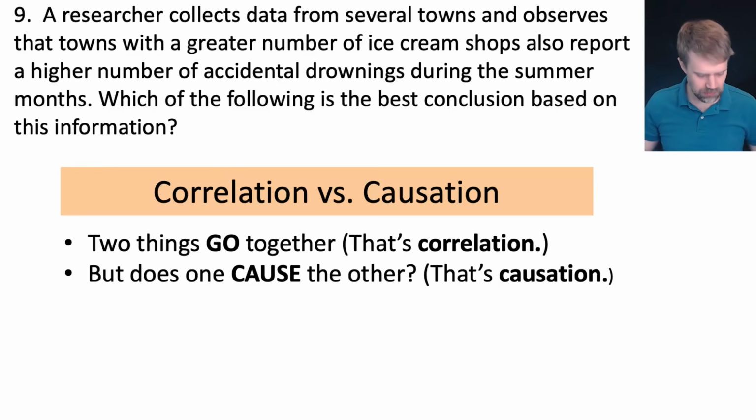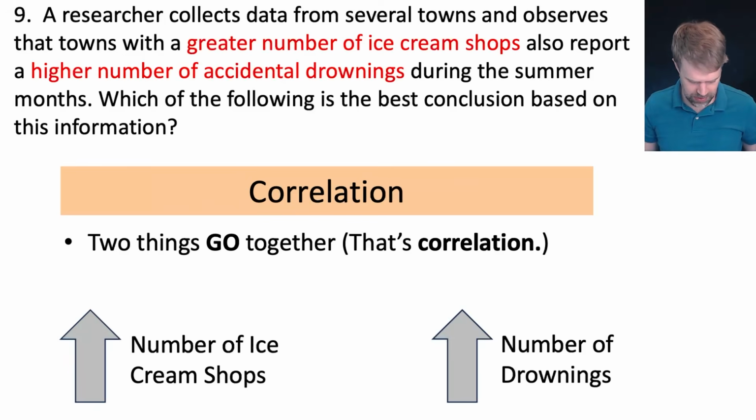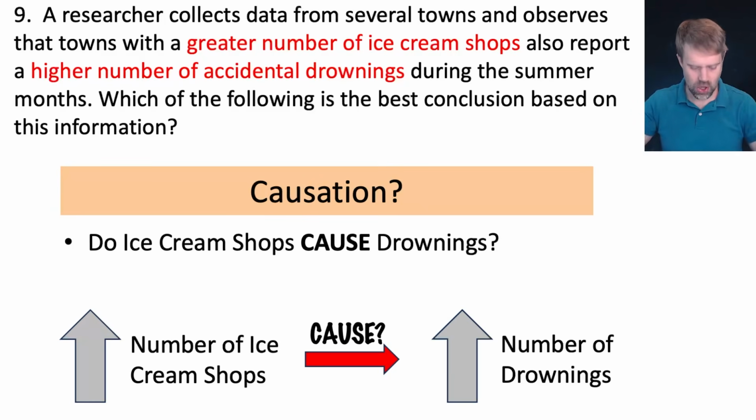Correlation. But the second part, that's where we're talking about causation. Does one cause the other? Okay? Correlation. As we said, two things go together. Number of ice cream shops goes up, number of drownings goes up. Correlation. Causation. Do ice cream shops cause drownings?